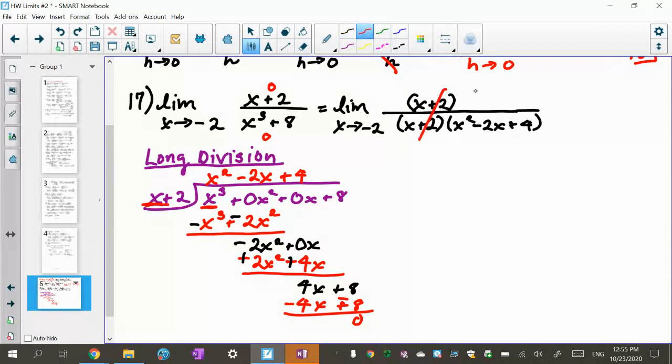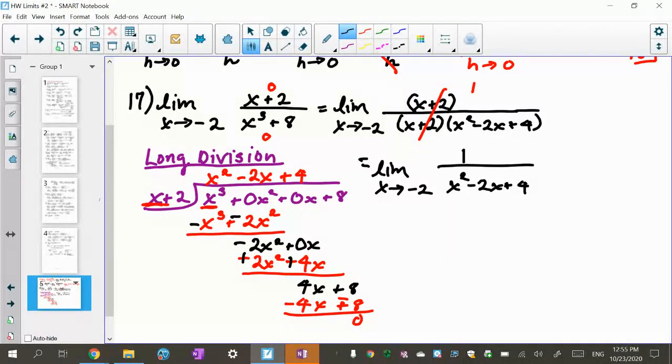So I can say, thanks for playing. That's 1. All right. So I'm kind of running out of room over here. So I'm going to say equals, this is the work that went, the limit as x approaches negative 2 of 1 over x squared minus 2x plus 4.